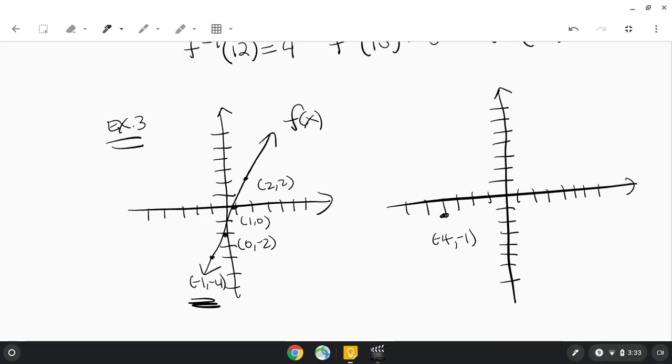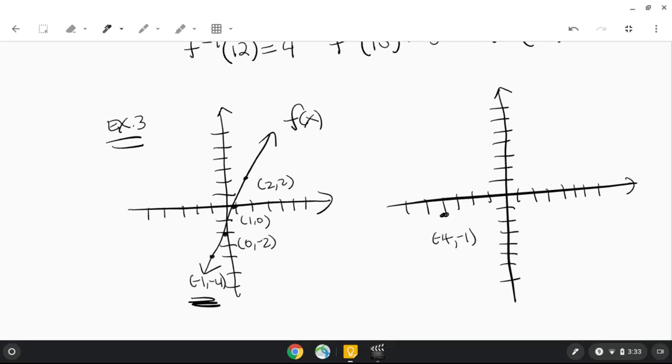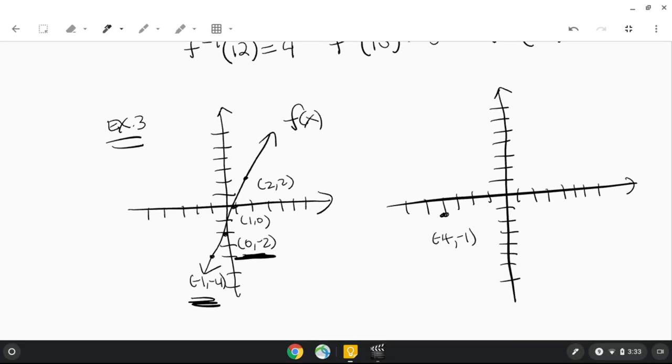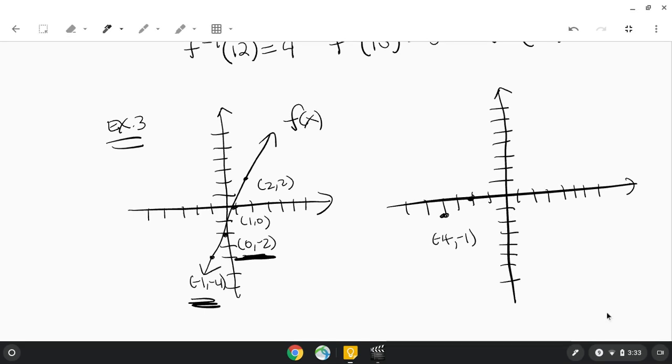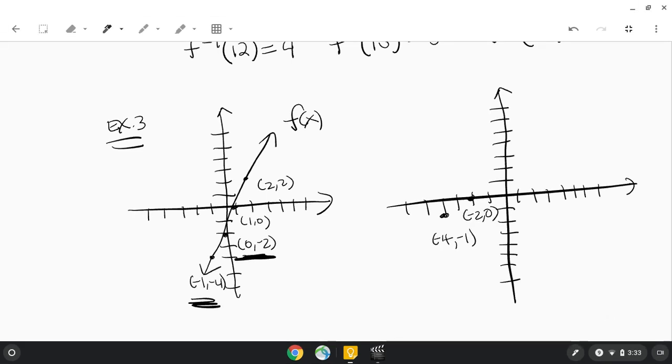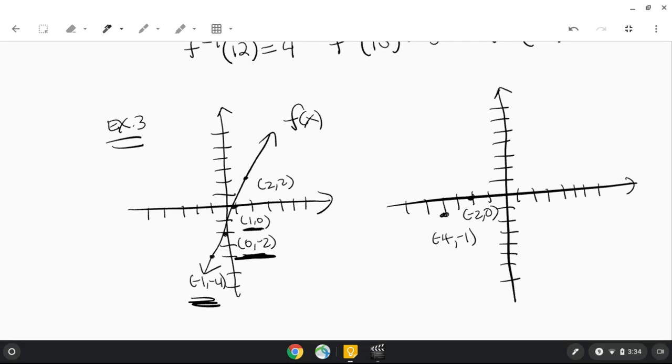And then instead of 0, -2 over here, we're going to have -2, 0. And then over here for f of x, we have 1, 0. So then for our inverse, we should have 0, 1.